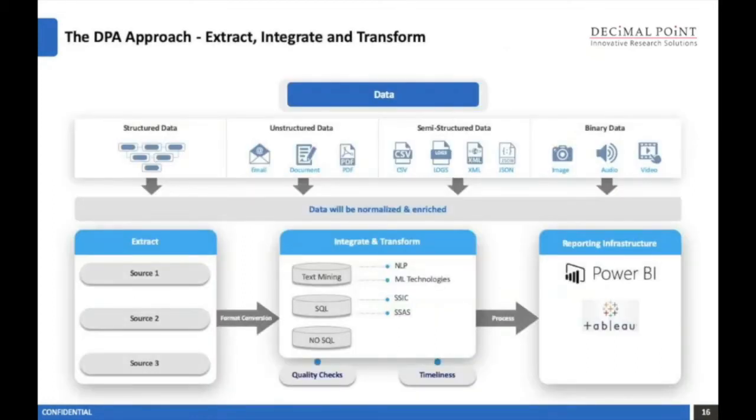So what does this infrastructure really look like? Although this chart in front of you looks a bit technical, it's quite simple, really. It can be described in basically 3 words: extract, transform, and load. Obviously there are structured and unstructured data sources. A very large part of this process is the extraction of the data and making it an efficient and automated process.